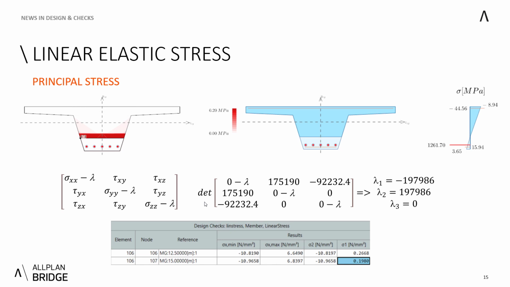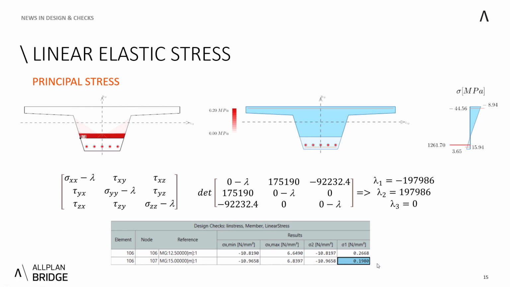The first one being the maximal value in tension, because sigma 1 is always considered the maximal principal tension, sigma 2 being always principal compression. Therefore, as you can see, 0 minus 0.198 is giving us this 0.198 megapascals of principal tension.